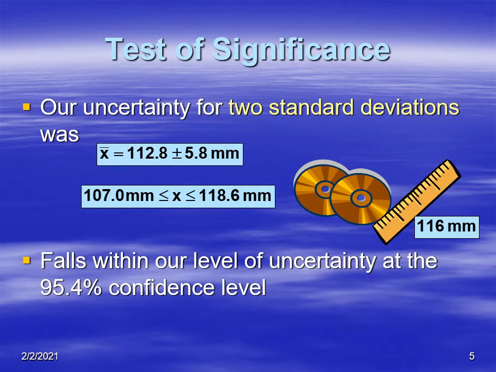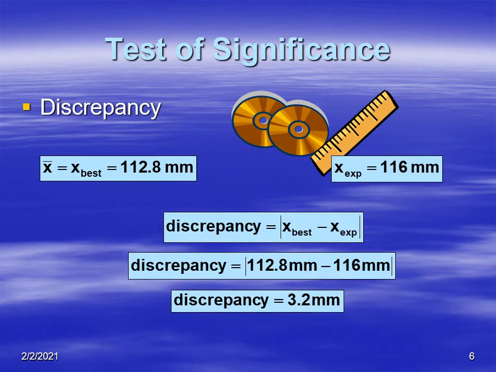That means 95% of all our measurements should fall within that, and only 4.6% should fall outside. So we're willing to accept more measurements, but we're also willing to accept more randomness and less precision.